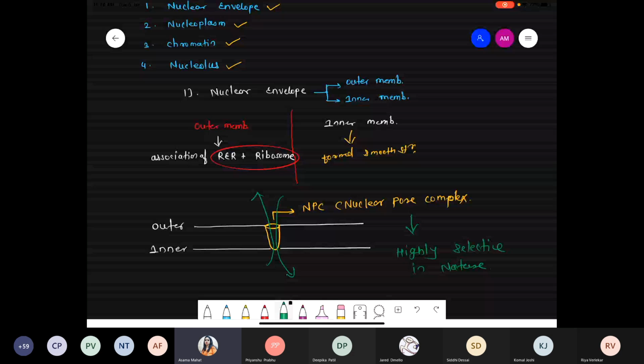Histone protein can enter, messenger RNA can exit, some enzymes can enter and exit, lamin protein, chromatin too. Replication requires enzymes, transcription requires enzymes, and there is 5 prime capping, 3 prime adenylation, splicing, many processes. Whatever material is required for replication and transcription can exit and enter the nucleus via the nuclear pore complex. But it is highly specific. Got it?